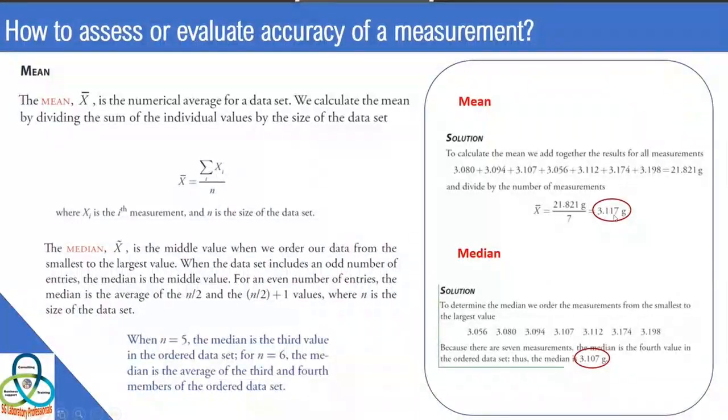In some cases, you can also calculate a median value. The median takes the middle value if it is 5 measurements. If it is 6 measurements, it takes the average of the third and fourth values of the data set. That means the median can always leave out the extreme outlier.